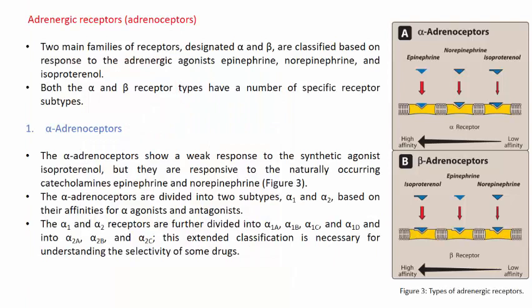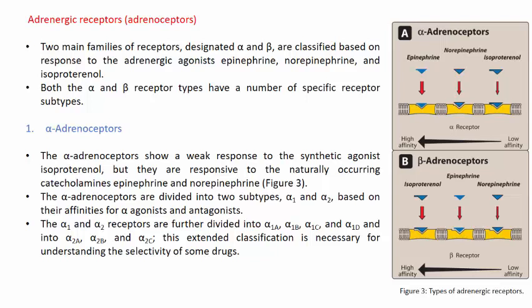Adrenergic receptors. So in the sympathetic nervous system, several classes of adrenoceptors can be distinguished pharmacologically. Two main families of receptors, designated alpha and beta, are classified based on response to the adrenergic agonists epinephrine, norepinephrine and isoproterenol.